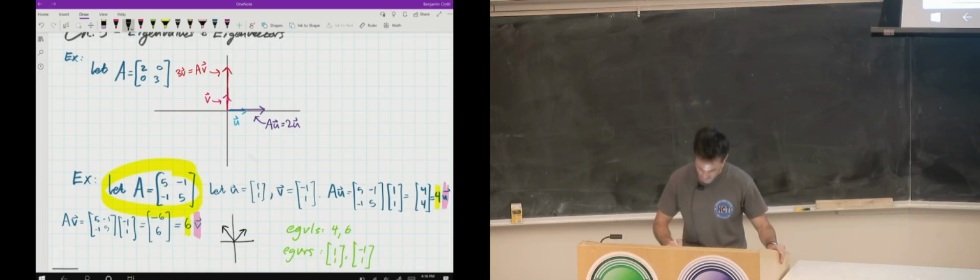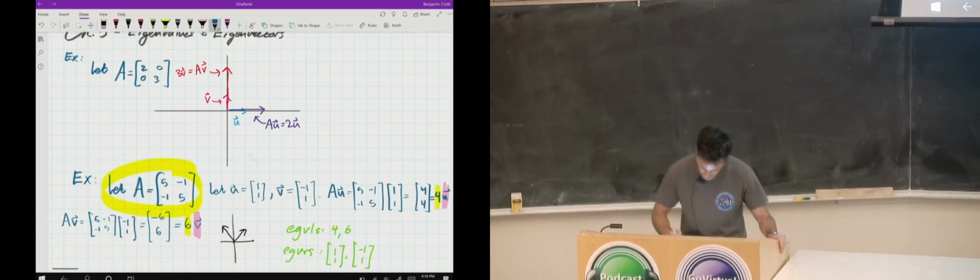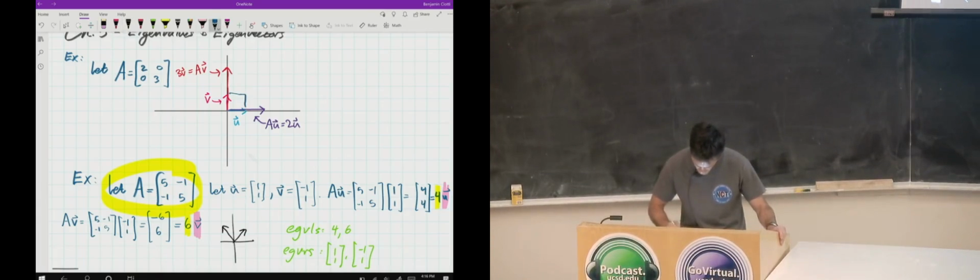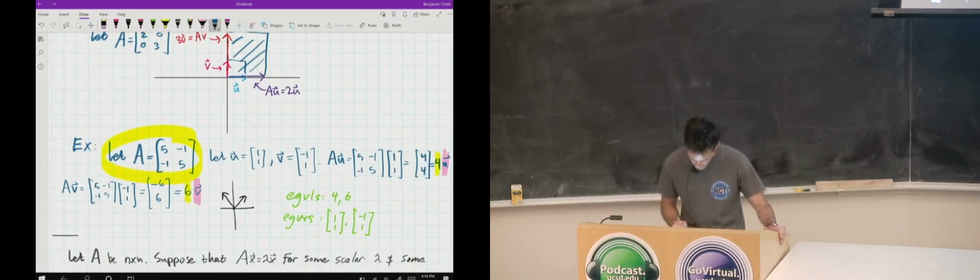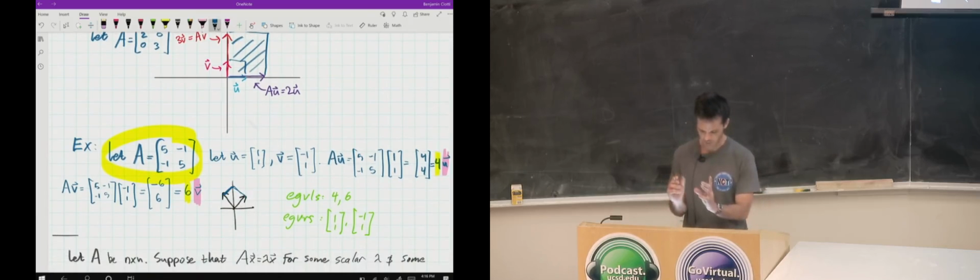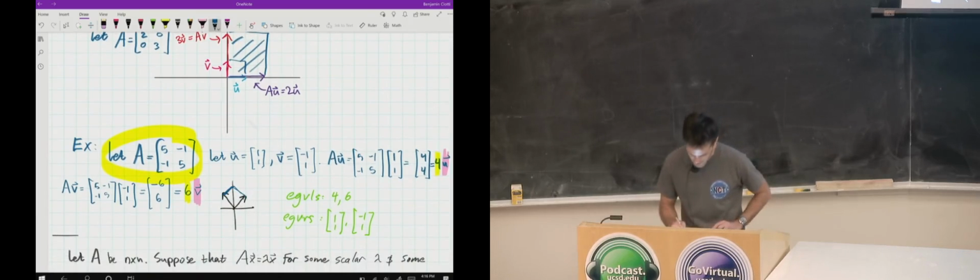In the first example, it took the unit square and stretched it out to twice as long in the x direction and 3 times as long in the y. In the second example, it would take this little square and stretch it out about 4 times in this direction, 6 times in this direction.